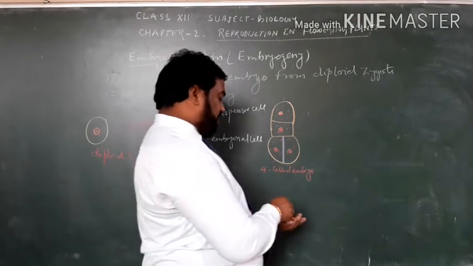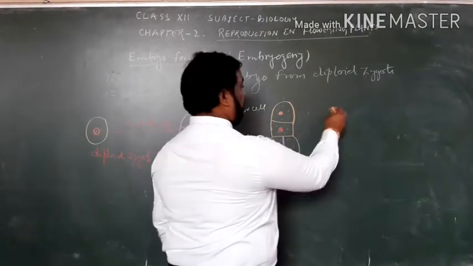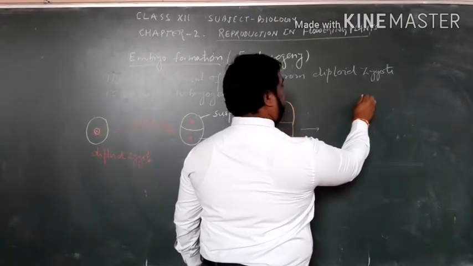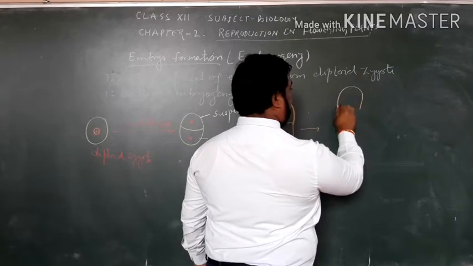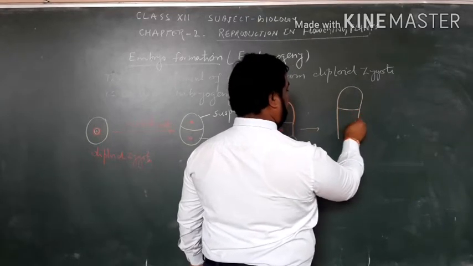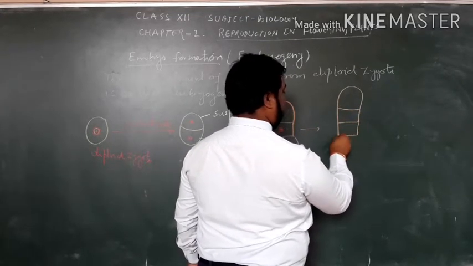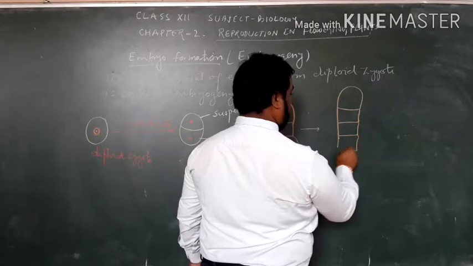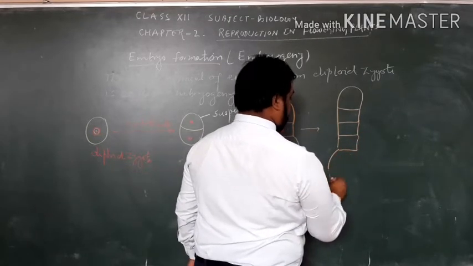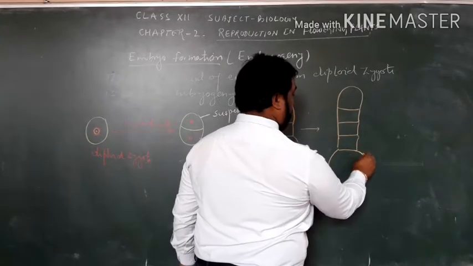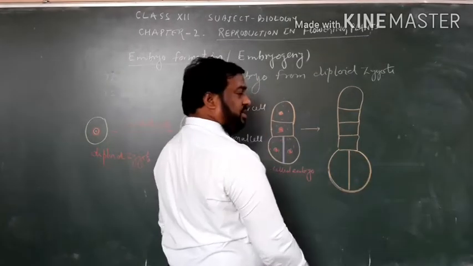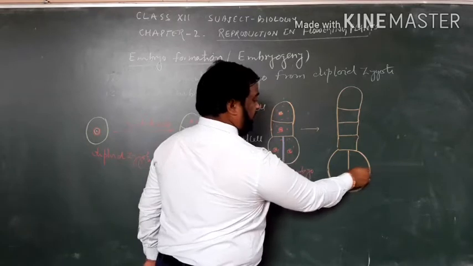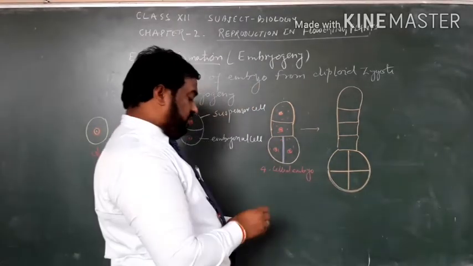So in the next phase, you get here upper 4 cells like that and lower ones, which means first a longitudinal division and then a transverse division.